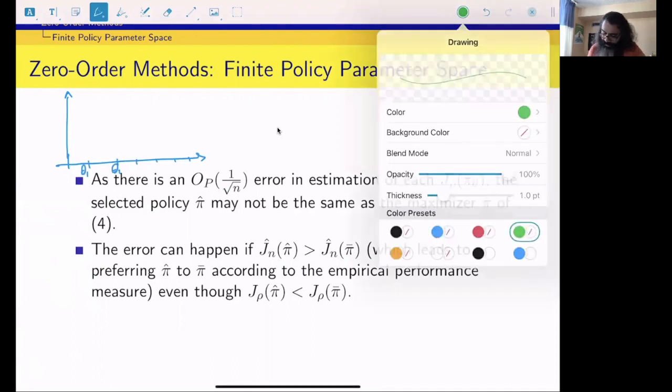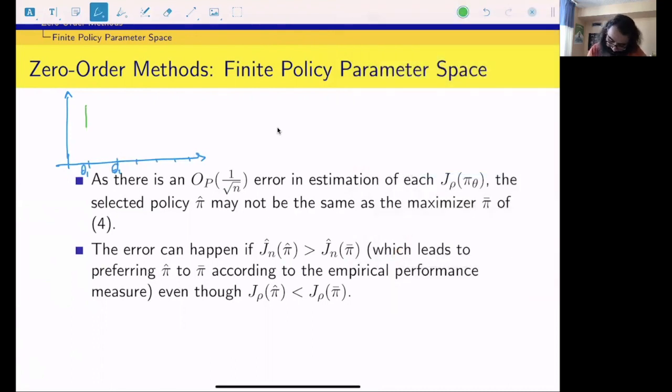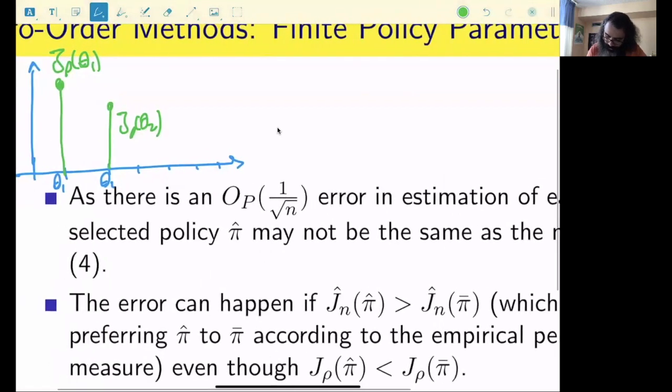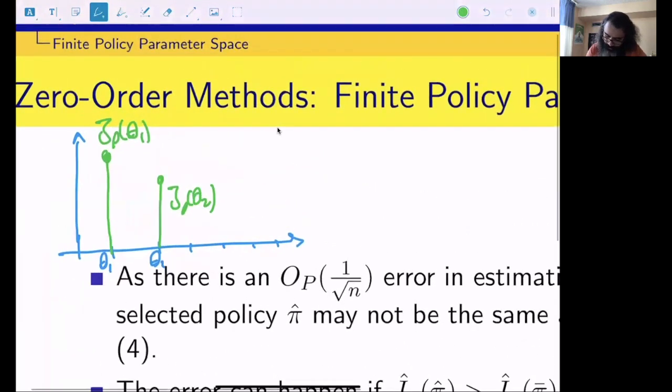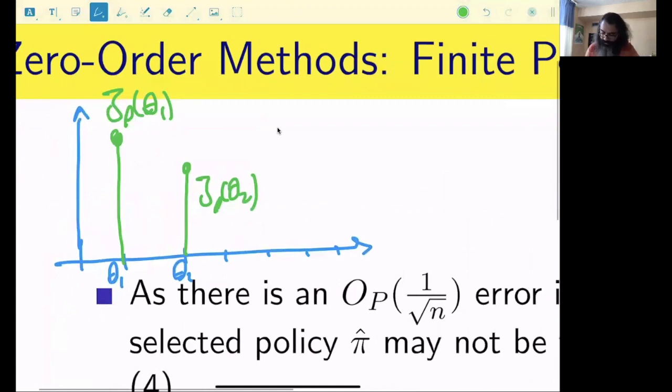I use green for j bar, so this is j rho of theta 1, and this is j rho of theta 2. Okay, so I guess this is better.